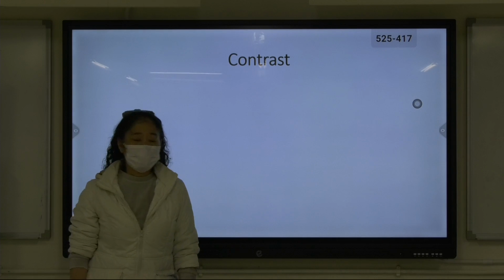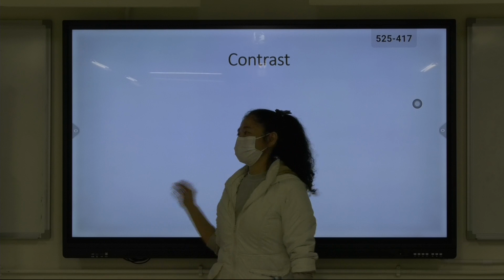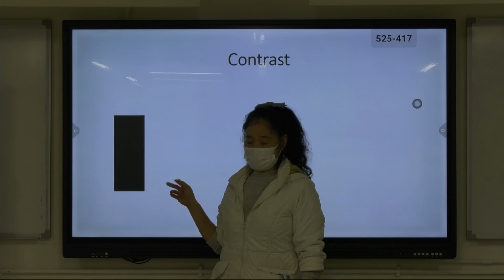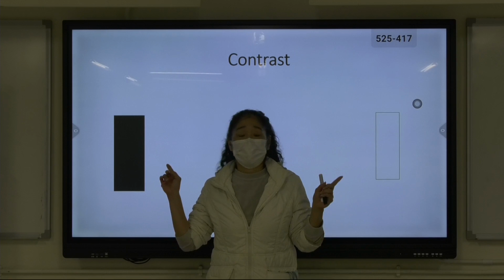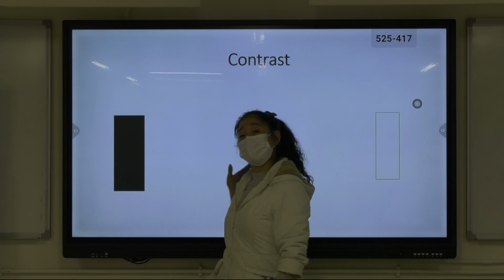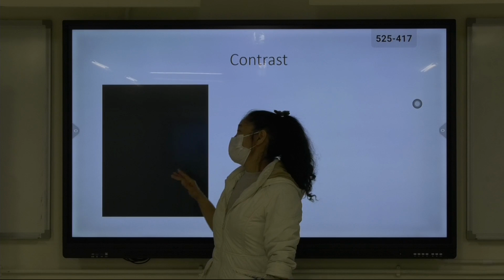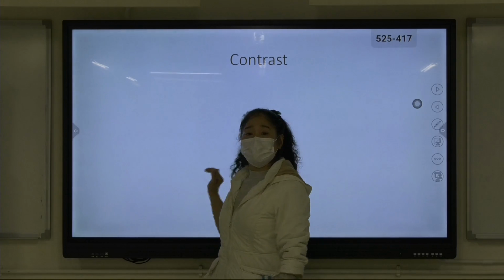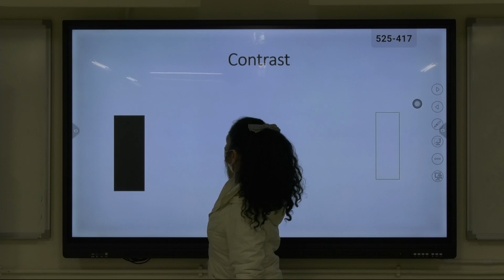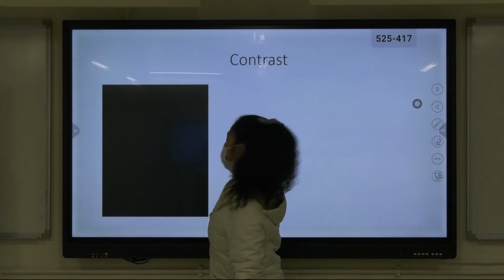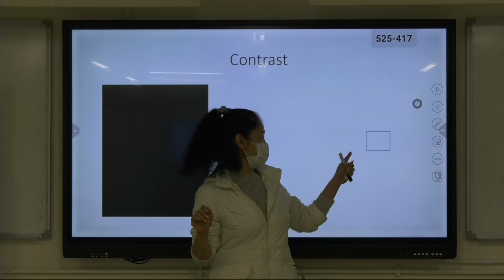Let's look at some examples. Black, white, contrast. Big, small, contrast.